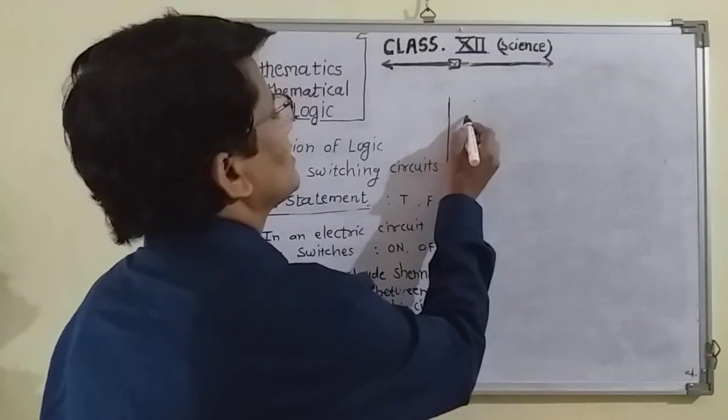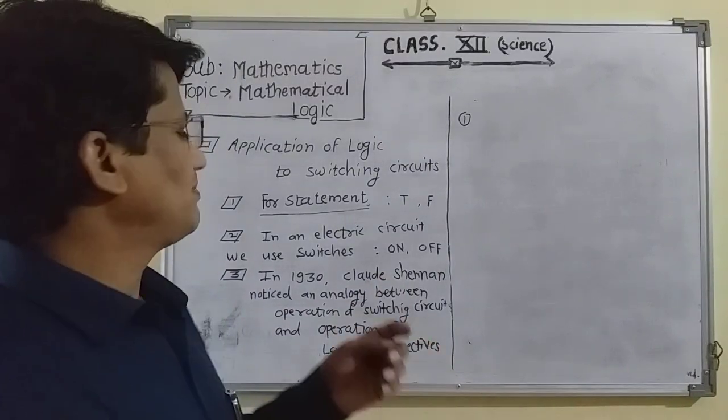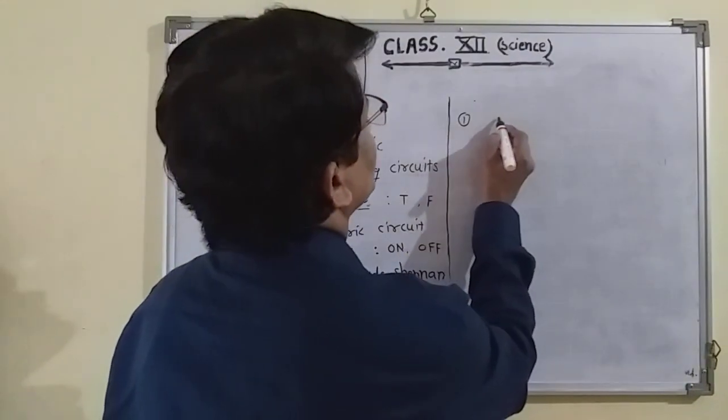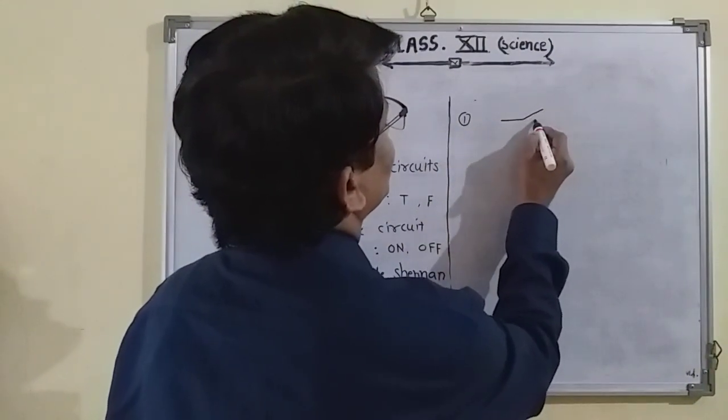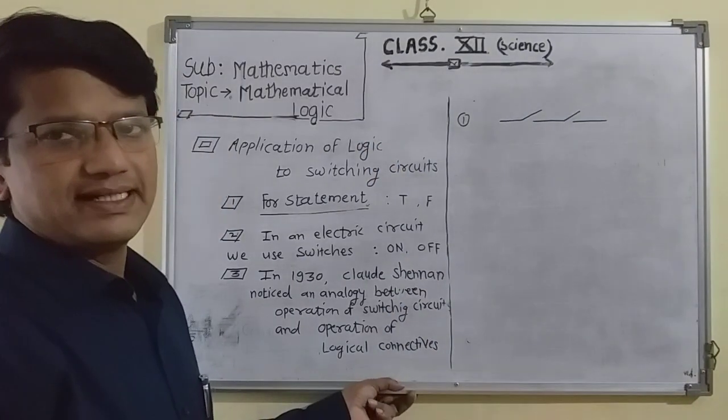Now let us see the types of arrangement of switches. Now see, if the switches are connected like this, here two switches are connected in series.